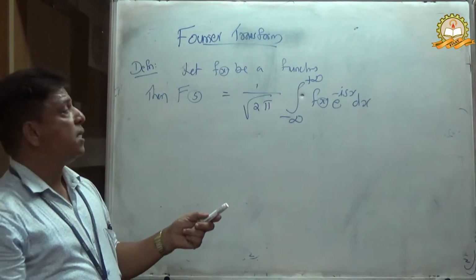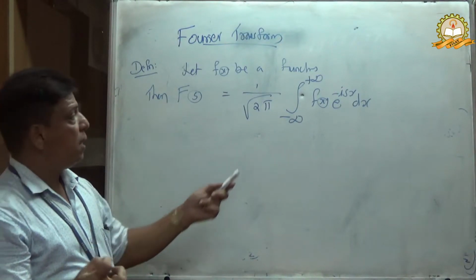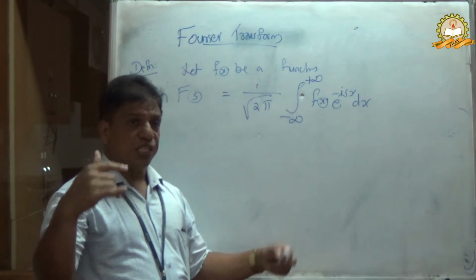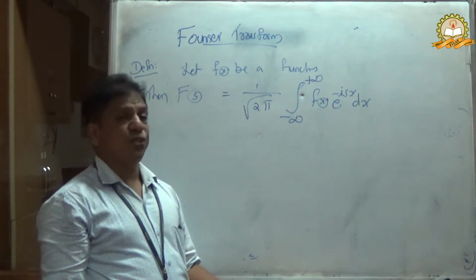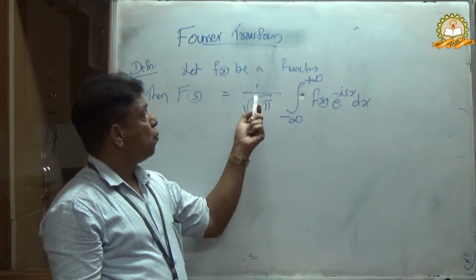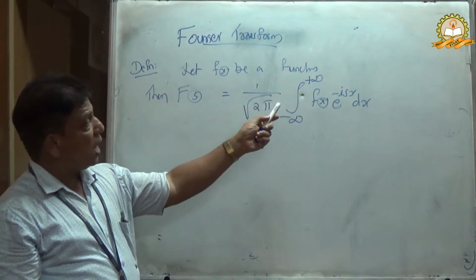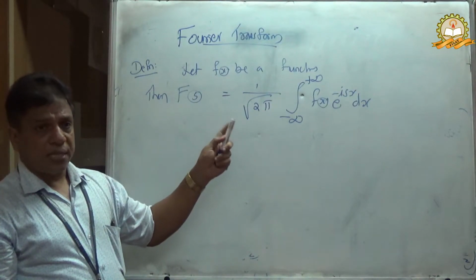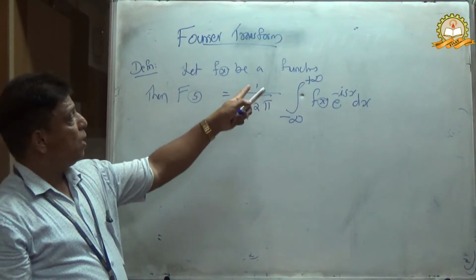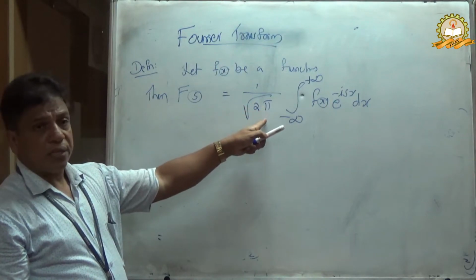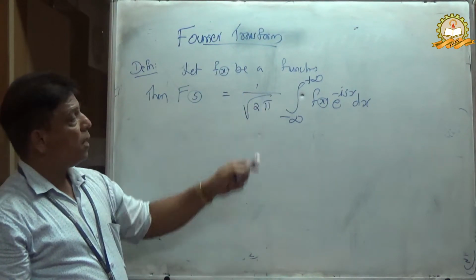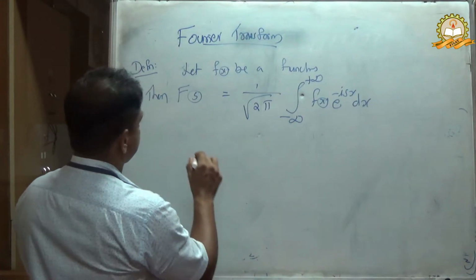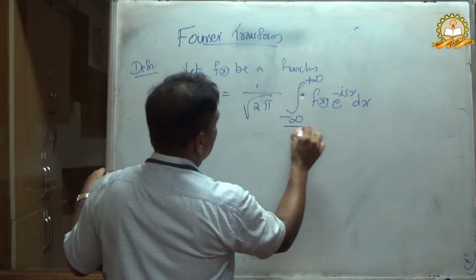Here the lower limit will be minus infinity and the upper limit will be plus infinity. After applying the limit, the result will be multiplied by 1 by root of 2 pi. Therefore, this is the definition.